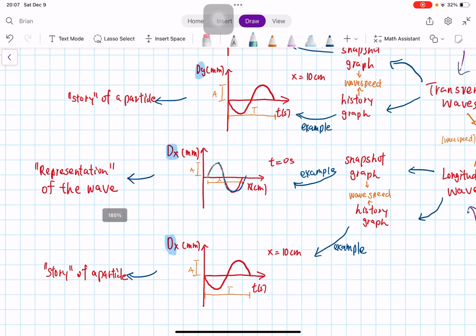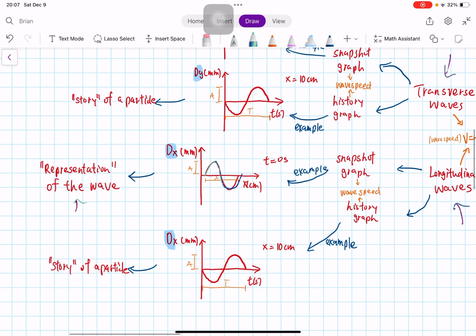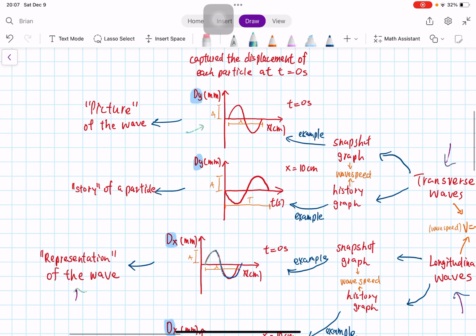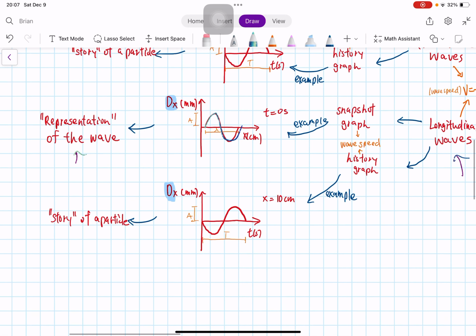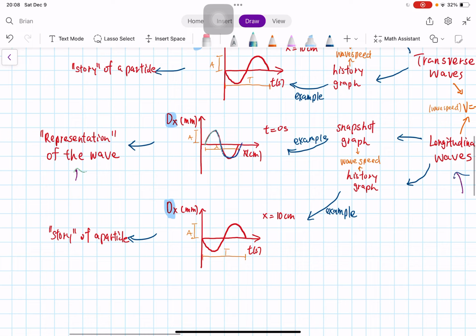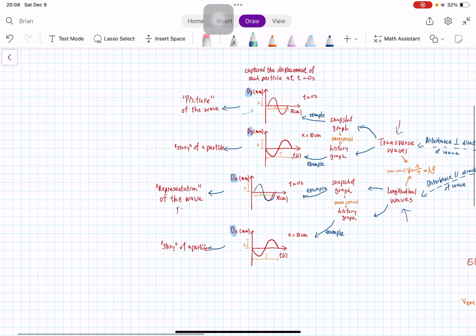In this case the snapshot graph is a representation of the wave, because this is not really what the wave looks like, since it is a longitudinal wave, but it represents the wave if we convert it back to what the longitudinal wave is about. And the same thing with the history graph: it is just the story of the particle.